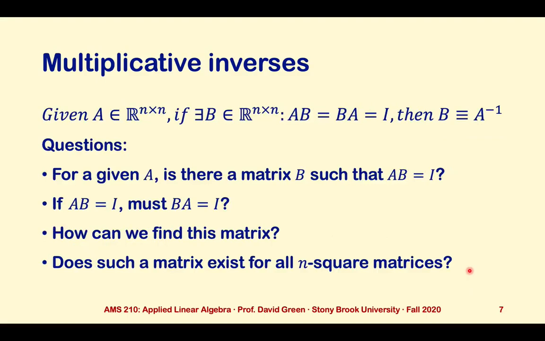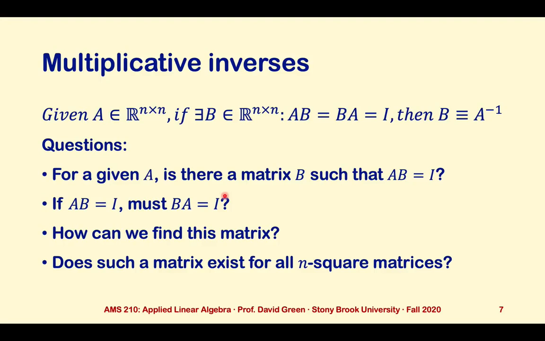Now, there's some important questions that arise from this idea. For a given A, is there such a matrix? Right? Does this "if there exists B" statement become true? If we find a matrix such that A times B equals I, does that necessarily mean that B times A equals I? Remember that in general, matrix multiplication is not commutative.